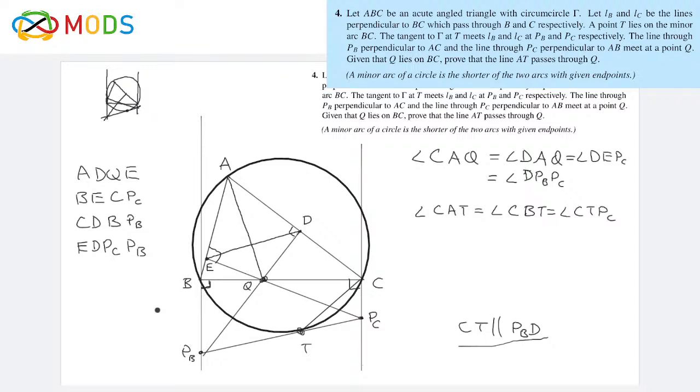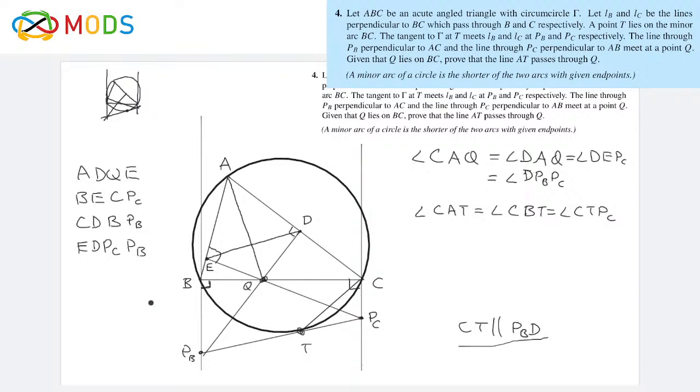Because PBD is perpendicular to AC. Yes, okay, so then we get CT perpendicular to AC. Oh, yeah, you're right. So as in AT is a diameter. Okay, so the problem is show that Q lies on BC if T is the diameter.